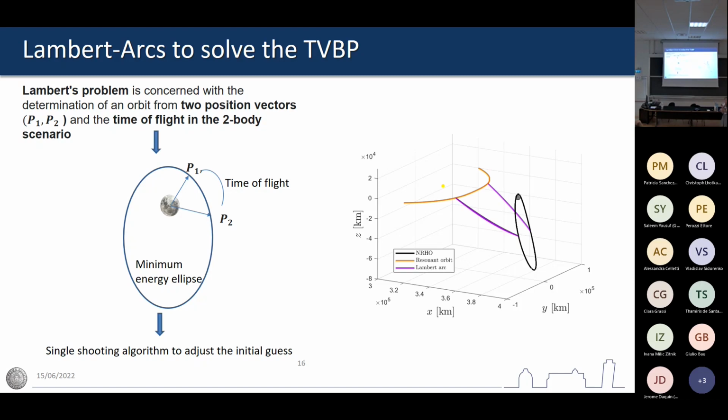The idea here is to use the Moon as the main body to find the minimum energy ellipse that passes through 2 points in a determined time of flight, and then to use a numerical method that is basically just a single shooting to correct this initial guess. And here you can find an example of what you get with this Lambert arc procedure.